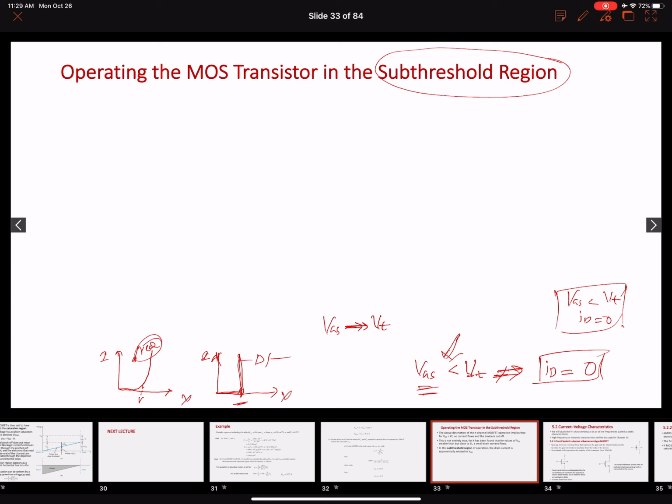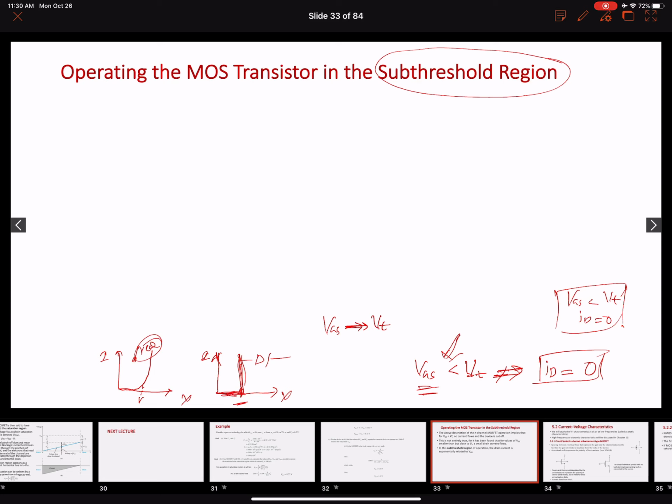However, it is important to understand the basic concept that even in the subthreshold region, as we saw while studying diodes, it is not entirely true that the current is zero. The constant voltage drop model of the diode is not entirely true, and the exponential model is real.